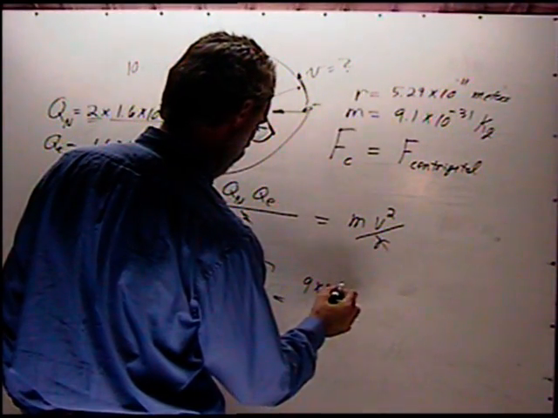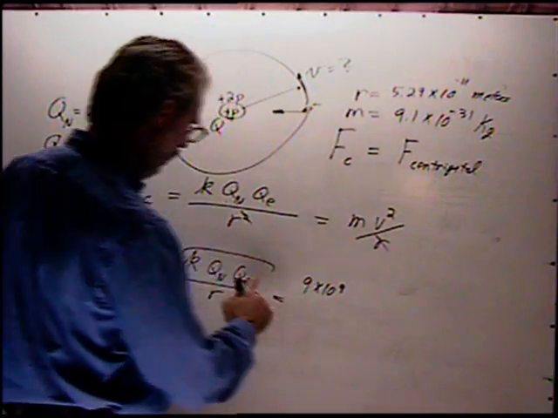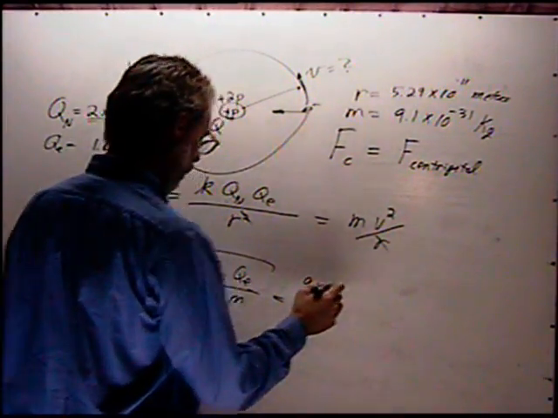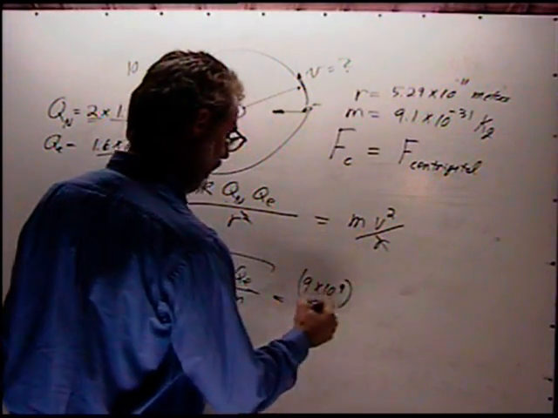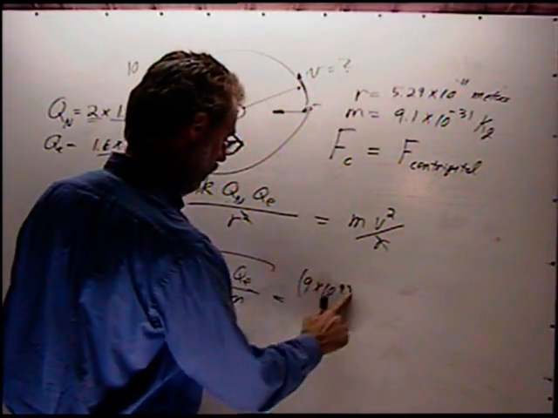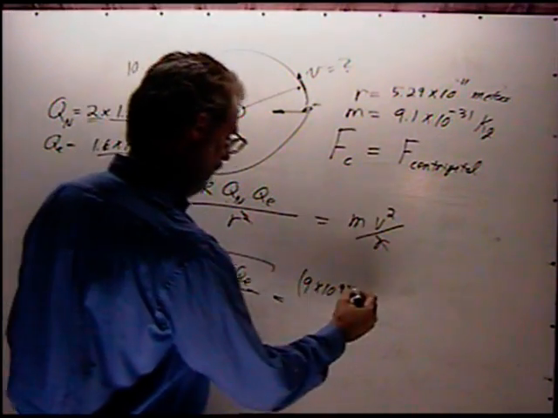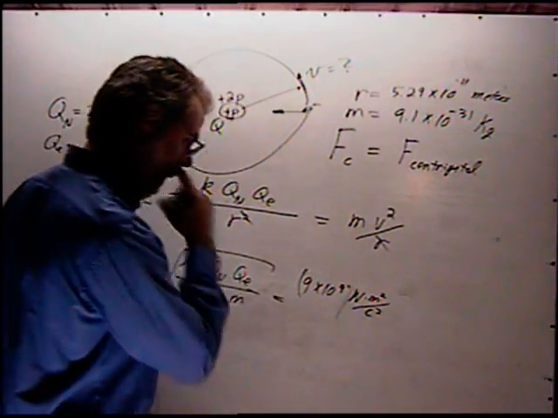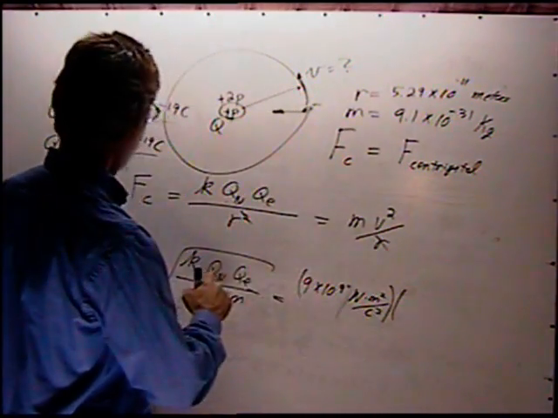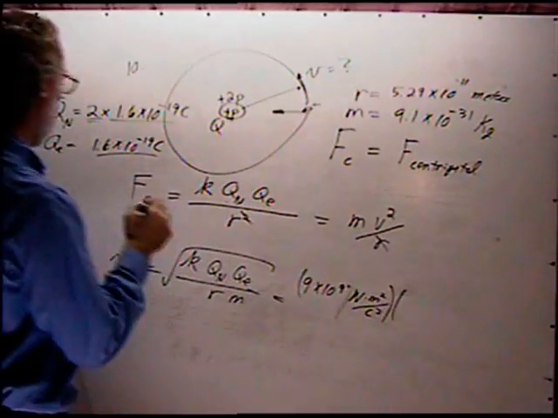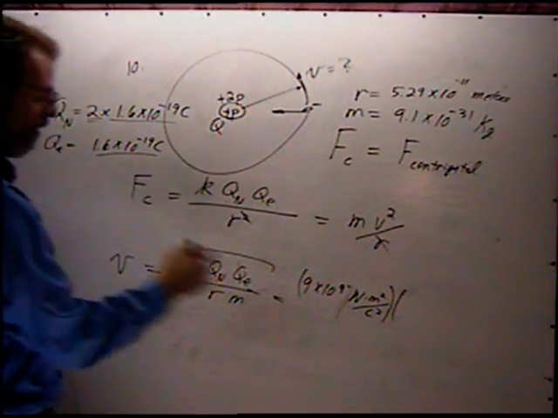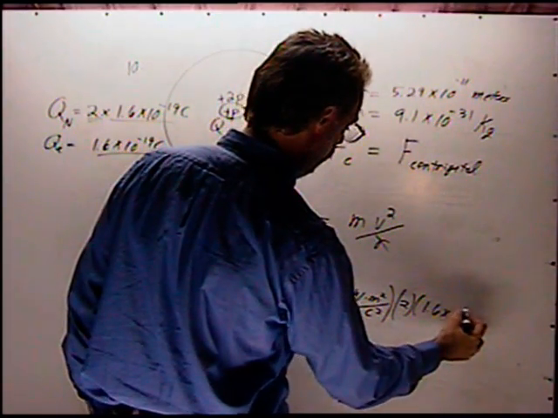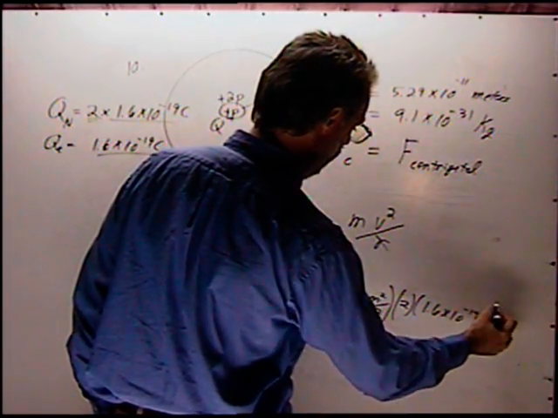9 times 10 to the 9th, and let's also look at the units here. It's very important. We have newtons. Remember, K, this is Newton times meter squared divided by Coulomb squared. We're going to multiply by 2 times 1.6 times 10 to the minus 19 coulombs, and we have to square that.